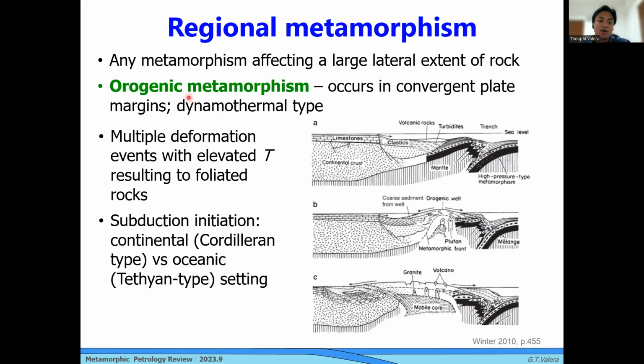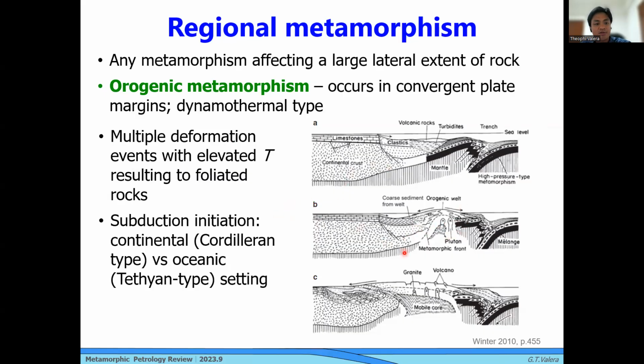Dynamo or dynamic, referring to the differential stress, and thermal representing heat that is usually caused by either the underplating of basaltic melts, for example, in arcs, or the elevated geothermal gradients produced by collision, which results in crustal shortening.